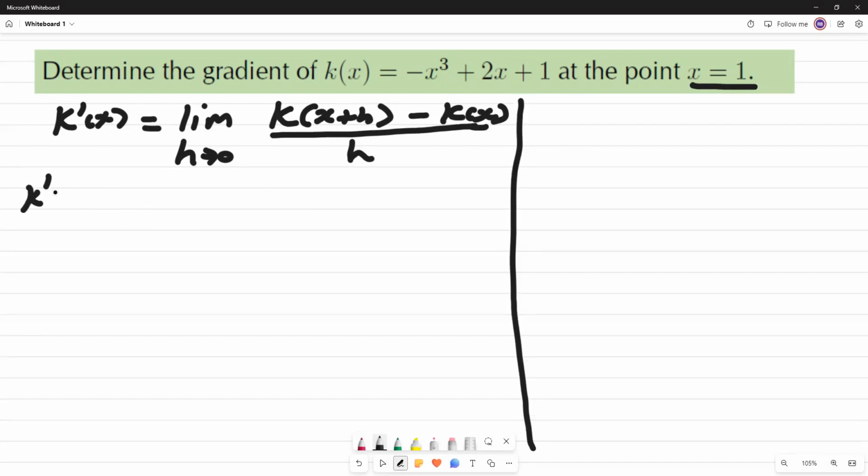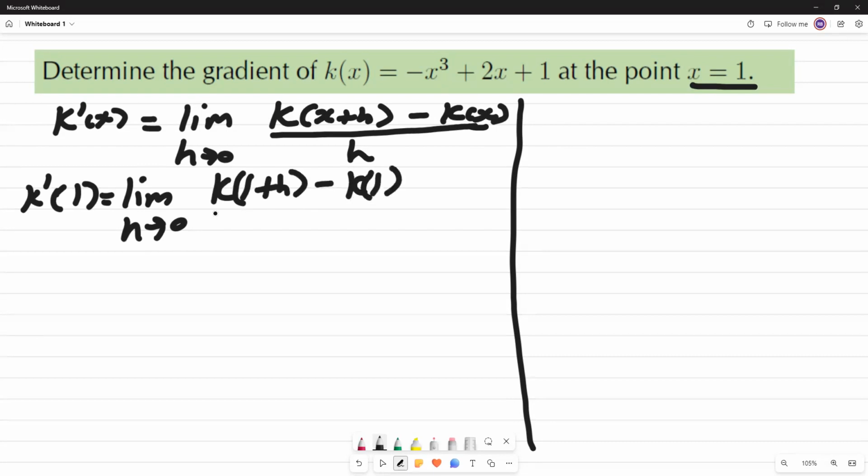We're looking for K prime 1, I mean. So every x value, we replace it with 1. So you have k1 plus h minus k1 all over h, right?